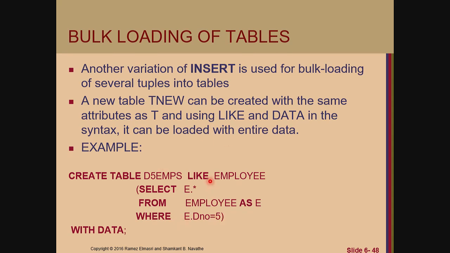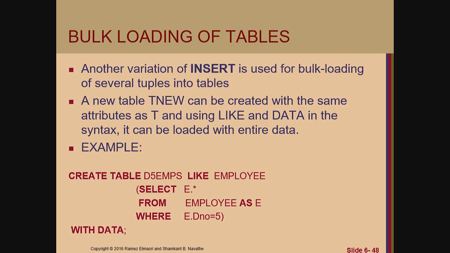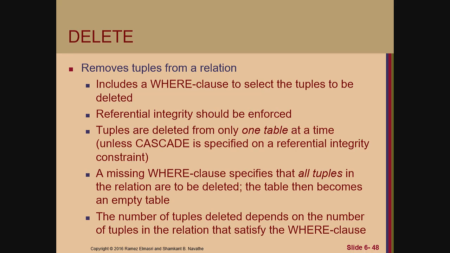This works. Let's try. New table with the data conditions. So okay, next, delete. This one is to remove tuples from a relation, including a where clause to select the tuples that you want to delete. Referential integrity should be enforced.